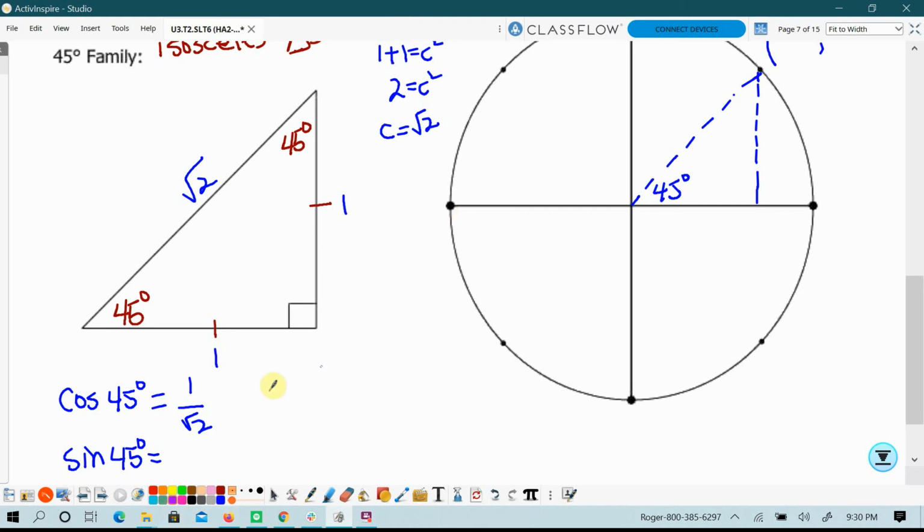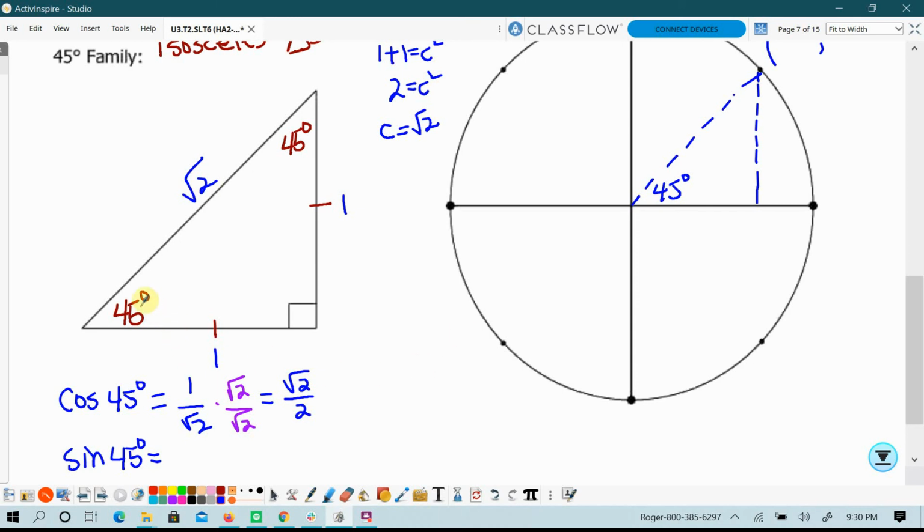Very long title, but what that means is you're going to then multiply both your numerator and denominator by the radical that's in the denominator, which in this case is the square root of 2. When you multiply both numerator and denominator by that radical, your new ratio becomes the square root of 2 over 2. So that is what we're going to define the cosine of 45 degrees as.